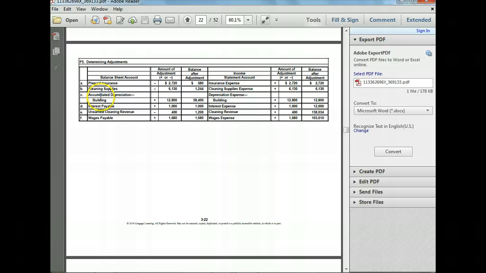This is on the balance sheet. And on the income statement, we're going to want to debit or increase our cleaning supplies expense $6,130.